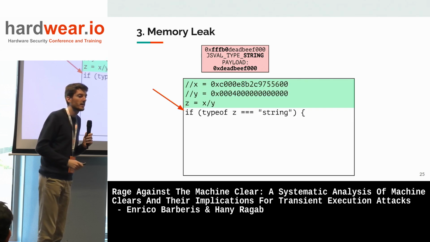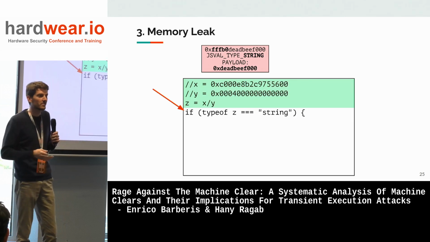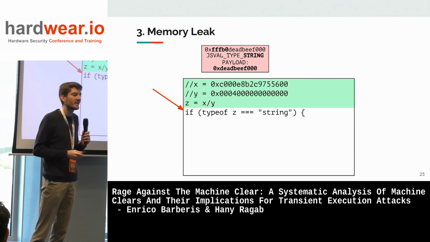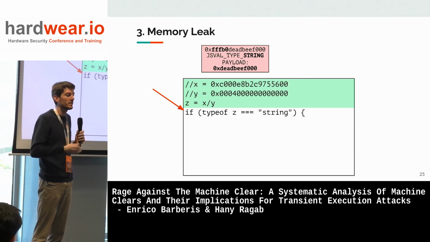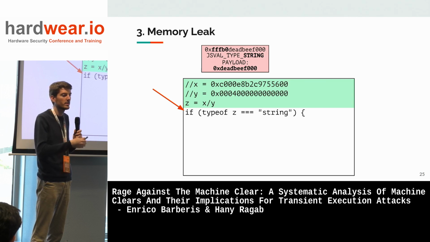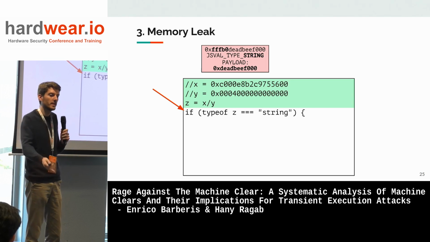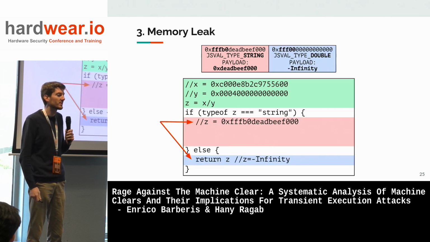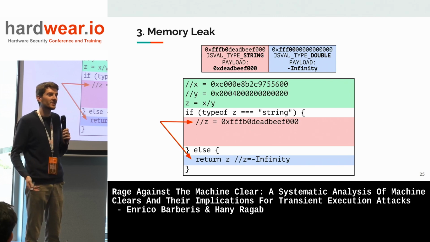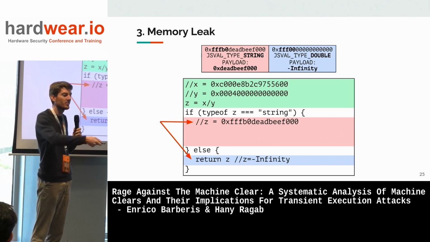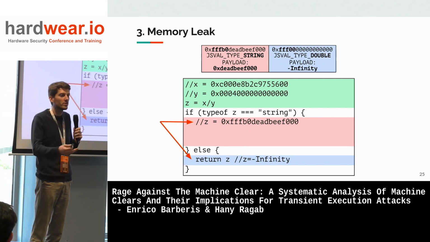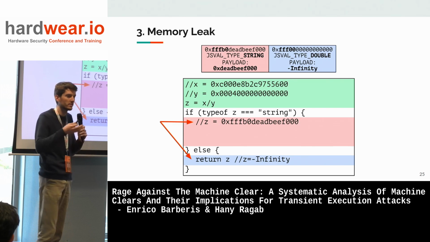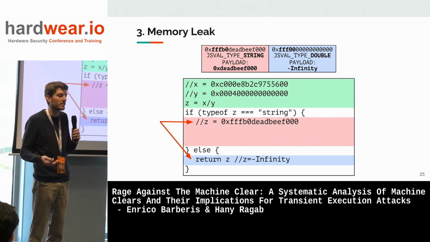Okay, and now I think you start to see where the exploit is coming up. So if we use the X and Y parameters that we generated before, and we ask the JavaScript engine, look, is the output of the division a string? Speculatively, the processor will say, yes, it is a string indeed, and it will execute the red branch. But obviously, the result of a division is always a number, a floating point number, okay?